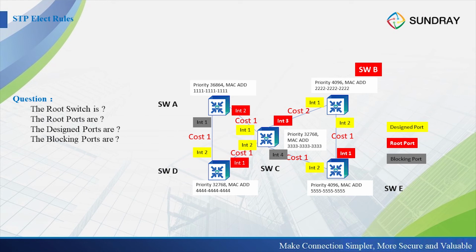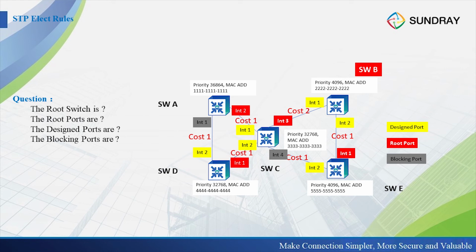So in this topology, for switch C, interface 3 connects to the root, and the cost is 2. The cost is the smallest, 2. So interface 3 of switch C is the root port.